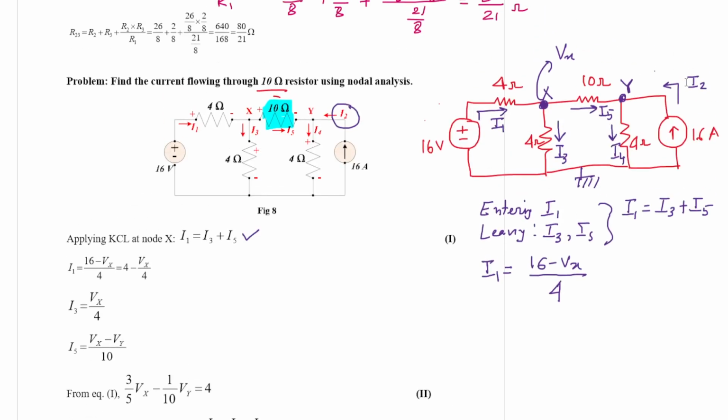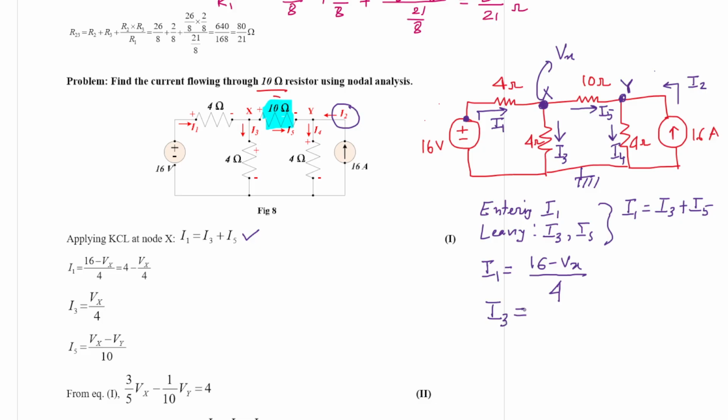The potential difference is 16 minus Vx, and according to Ohm's law, V by R, that is (16 minus Vx) by 4 ohm, which is I1. Now what is I3?